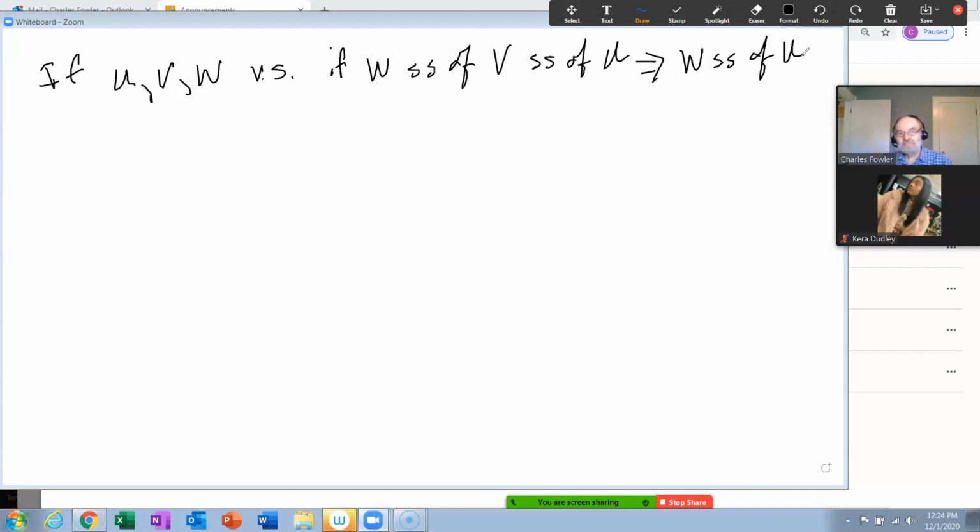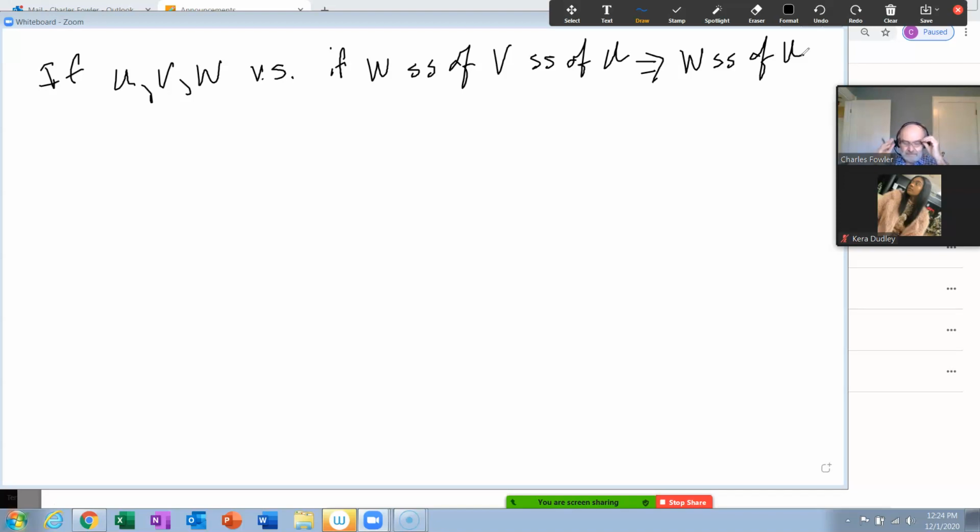Now, what that's saying is that whole nested concept here. If W is a subspace of V, everything that is required of W has to hold: scalar multiplication, vector addition, everything must work properly.